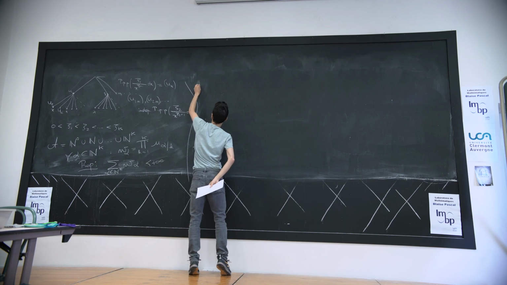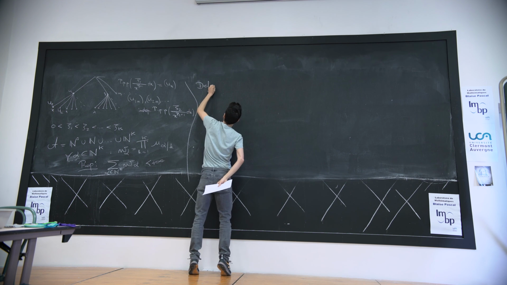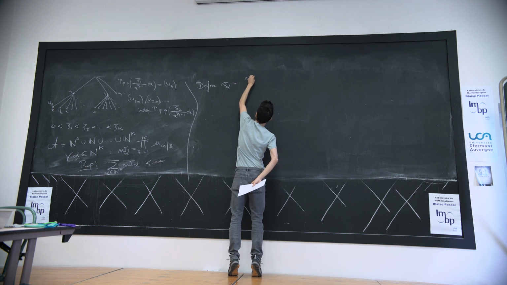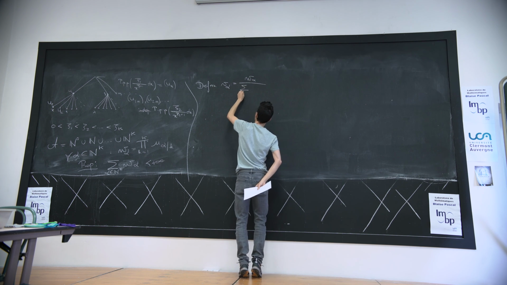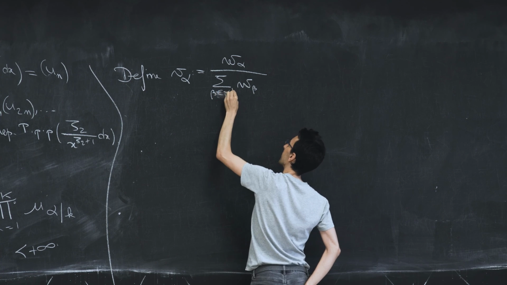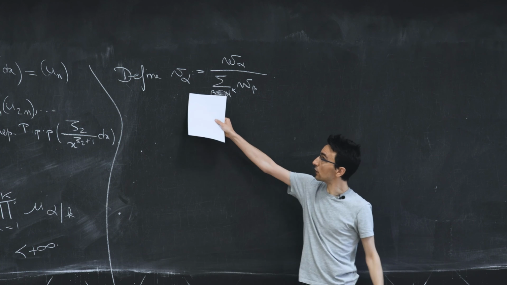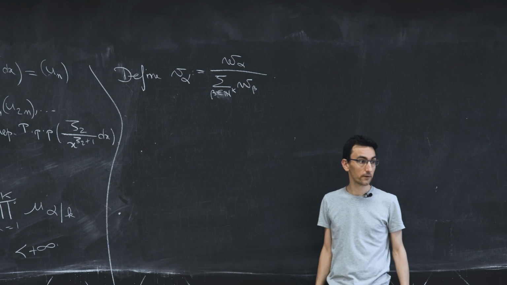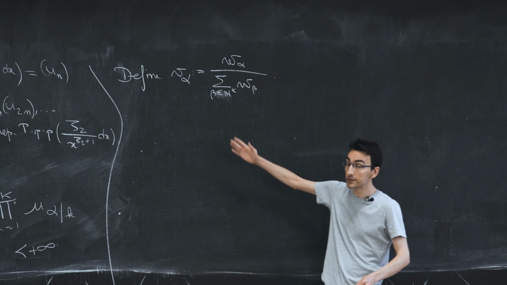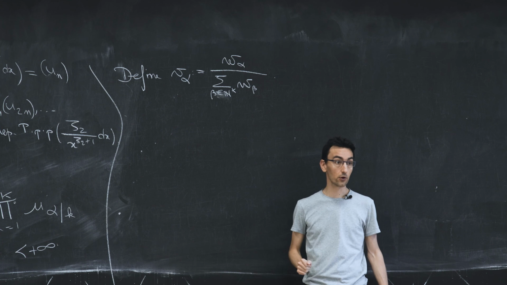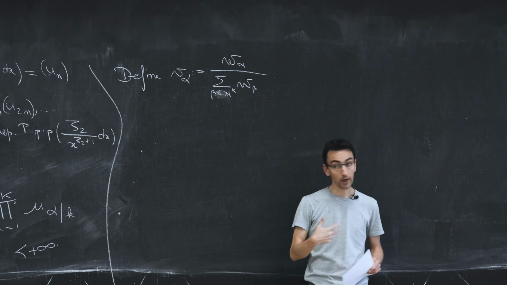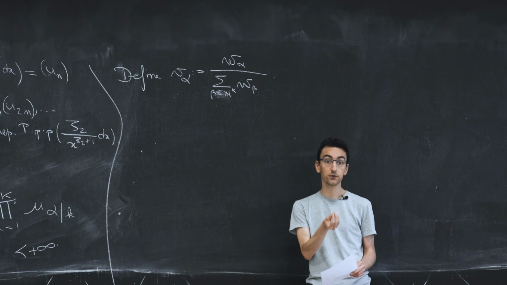So you can set V alpha to be W alpha divided by the sum. Again, I think of alpha as being only a leaf of my tree. So this defines for me a random probability measure on the leaves of a tree of depth K.